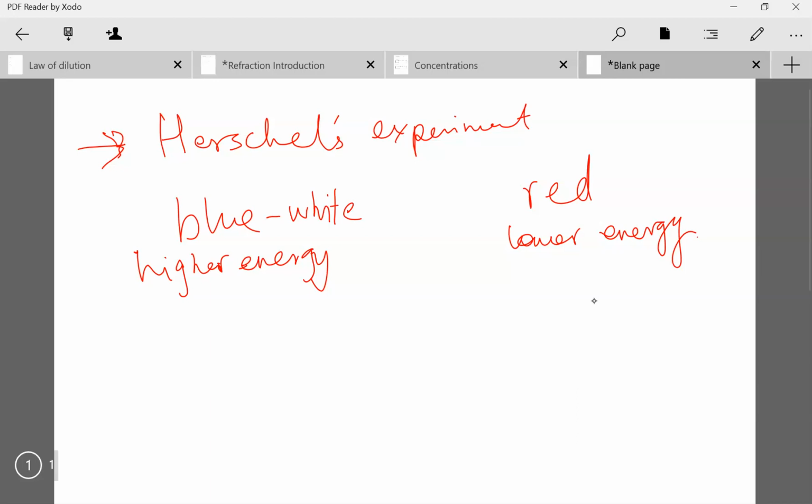But we saw that in Herschel's experiment, red actually had a higher temperature than blue, which is kind of contrary to what we would have thought. It's counterintuitive, and therefore we will talk about two main reasons that this was observed.